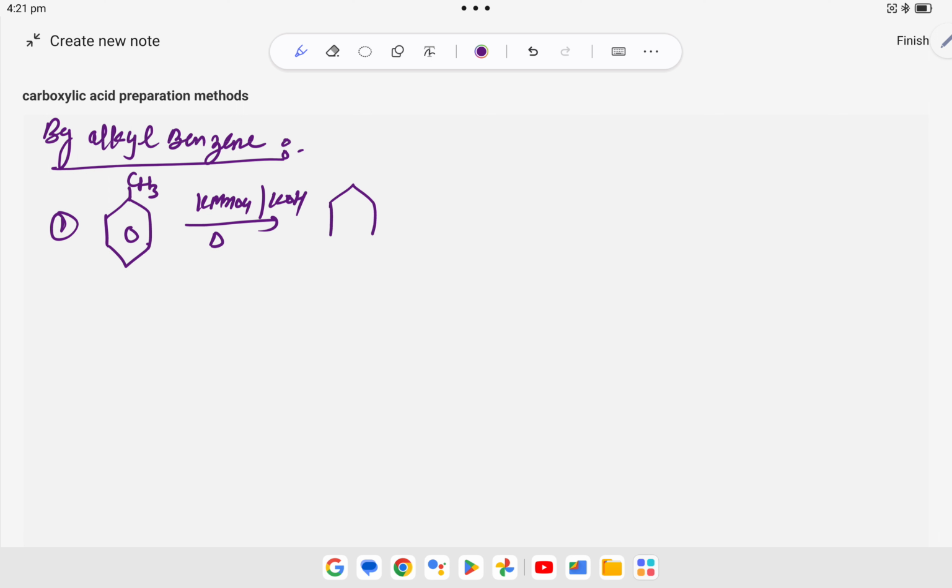Then it will form the salt of carboxylic acid, COOK. If you are getting the salt of carboxylic acid, then formation of carboxylic acid is very easy. You have to perform only hydrolysis and it will get H. COOH is formed.